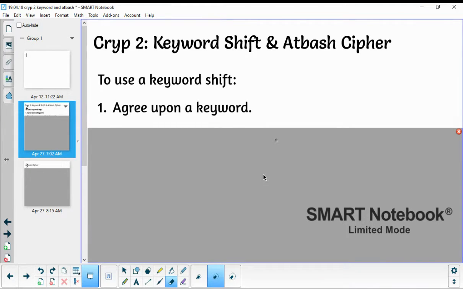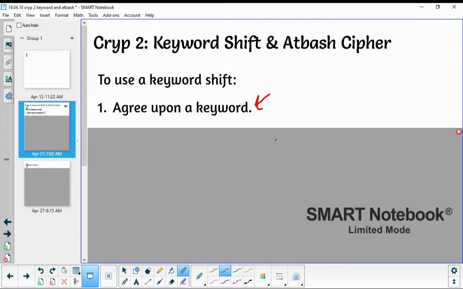So our secret keyword, I'm telling you this now, and then you have to remember this when you do a worksheet, for example, or a quiz. Our keyword is going to be the last word in the directions right before the problem that I give you. So I'm going to write this down.